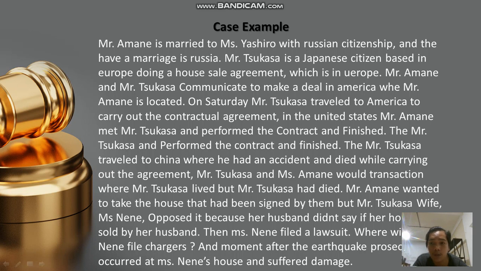Mr. Amane and Mr. Sukasa communicated to make a deal in America, where Mr. Amane is located. On Saturday, Mr. Sukasa traveled to America to carry out the contractual agreement.